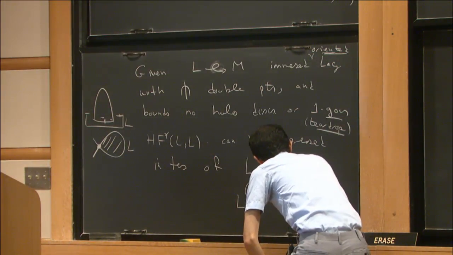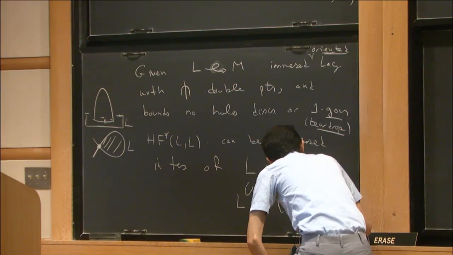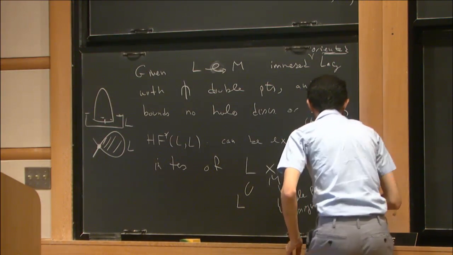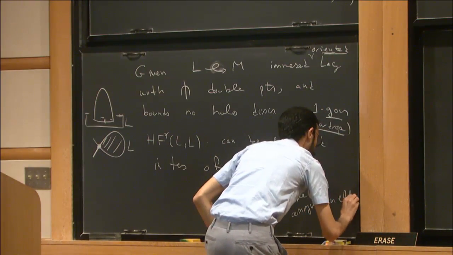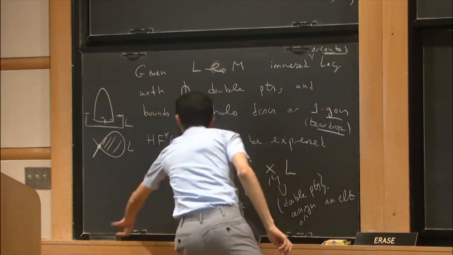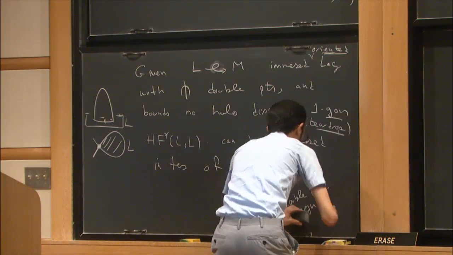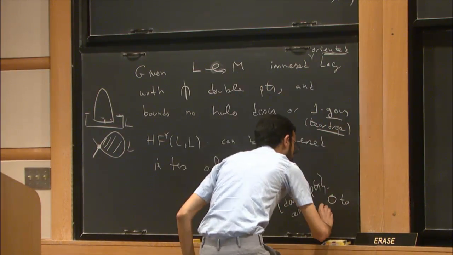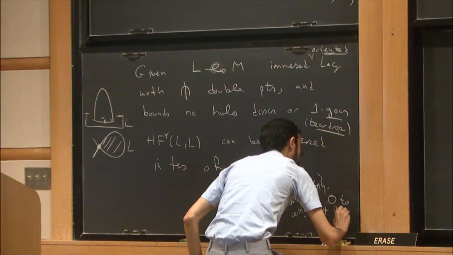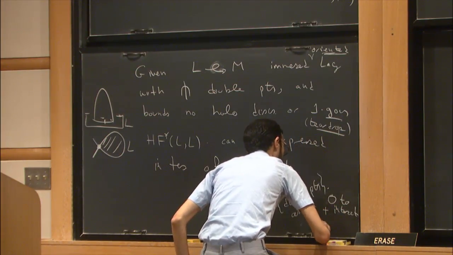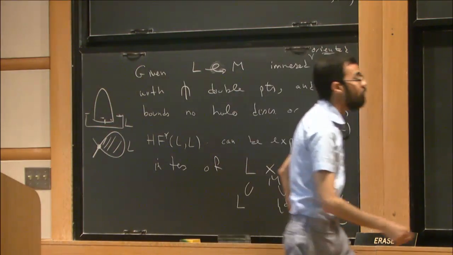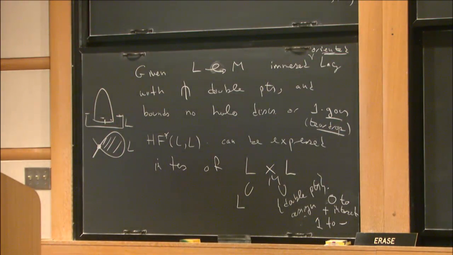So assign an element of Z mod 2. Assign 0 to positive intersection and 1 to negative. Actually, really this should be corrected by a sign having to do with the dimension, but I'm just going to be sloppy.